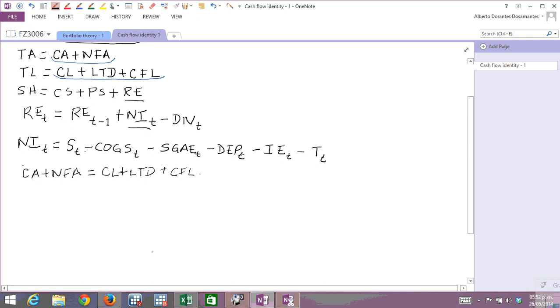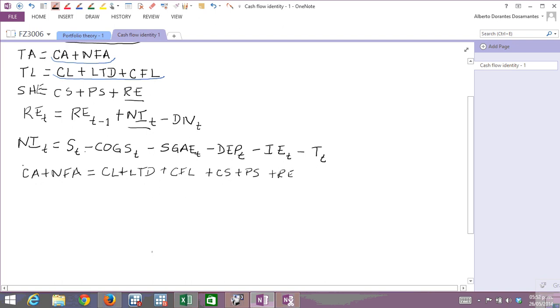This is total liabilities. And shareholder equity, I forgot here, is shareholder equity. Okay, shareholder equity is equal to common stock plus preferred stock plus retained earnings.